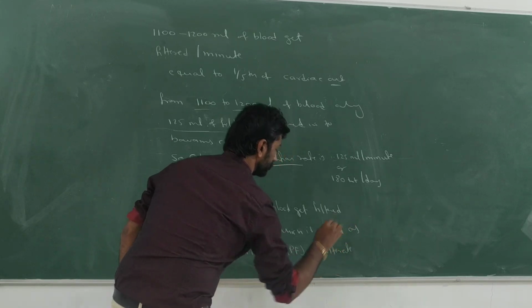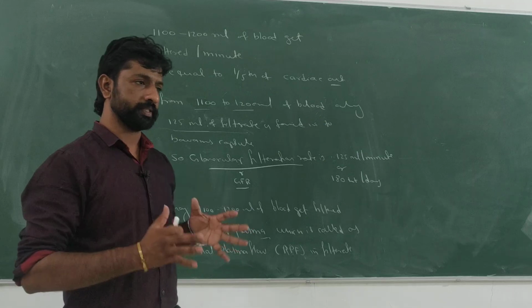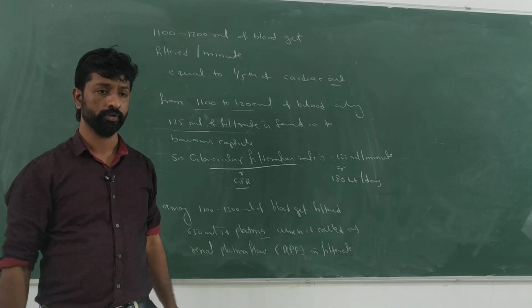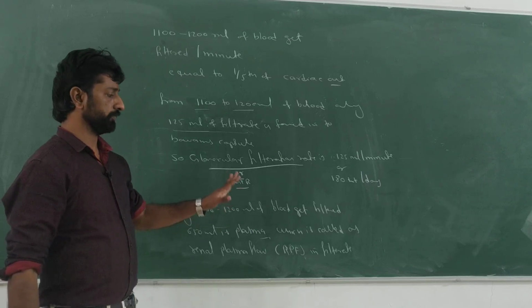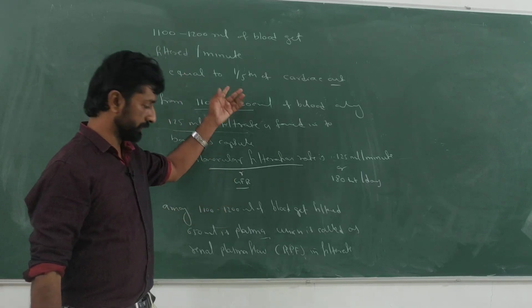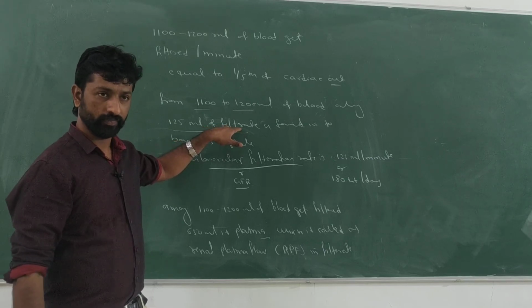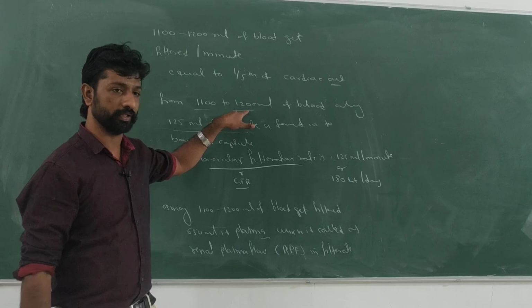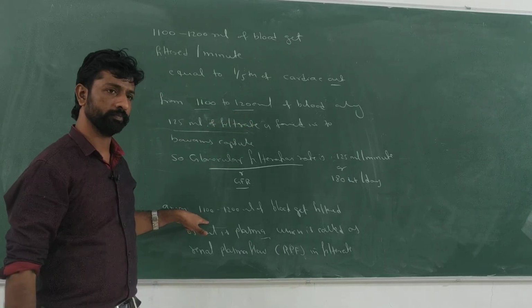We know that the filtrate is formed with the same composition as the plasma, except for a few proteins. Except for those proteins, all components of plasma are present in the filtrate. And how much plasma is present in that 1100 to 1200 ml of blood? 650 ml, right?